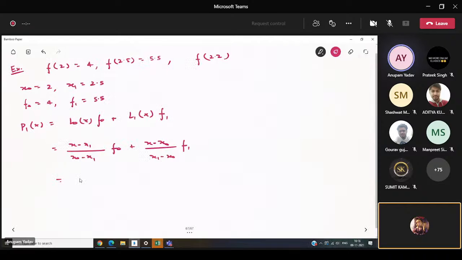We can put the values. So x minus x1 that is x minus 2.5, divided by x naught minus x1 that is 2.5 minus 2, into f naught. f naught has the value 4, plus x minus x naught.